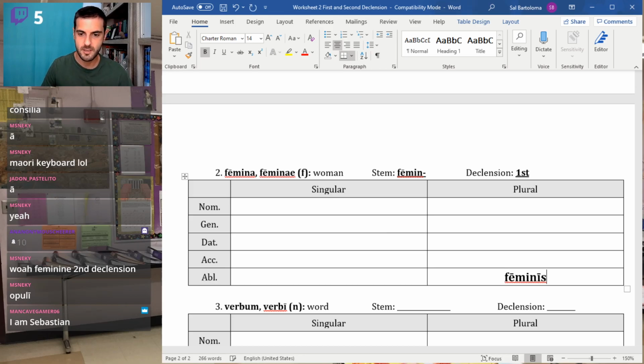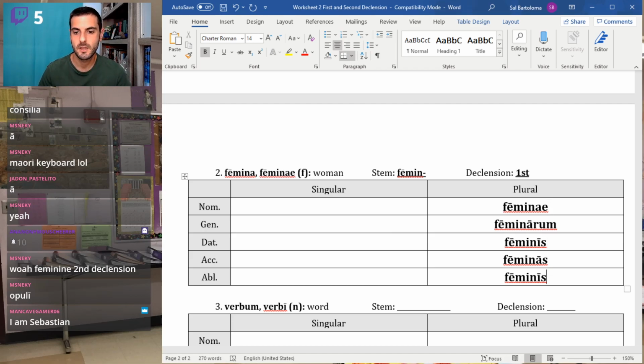We're going to go feminis, feminas, feminis, feminarum, and feminae. Right? We're going backwards because we can, because we know these forms independent of one another.